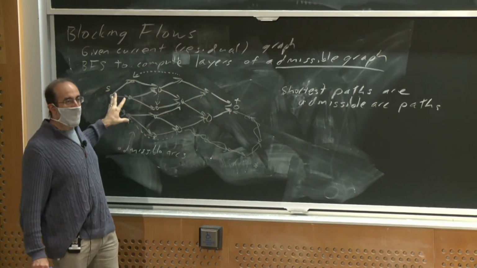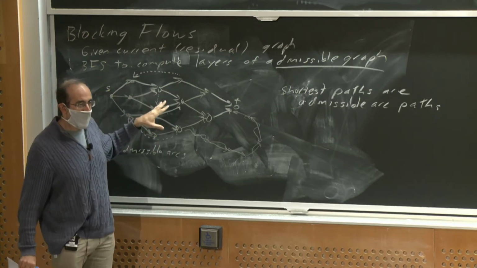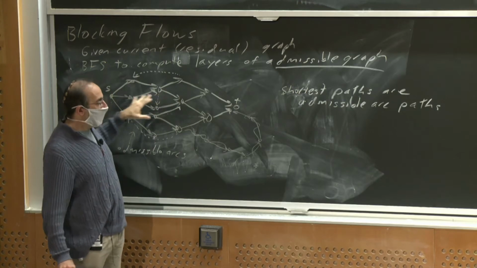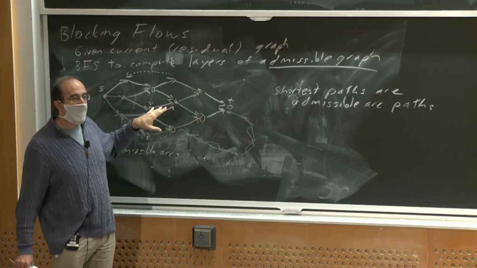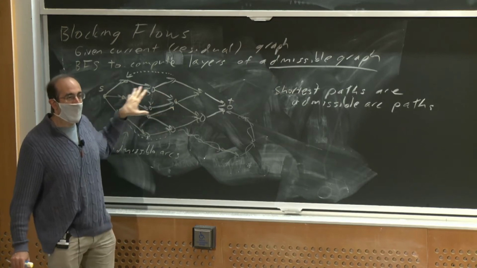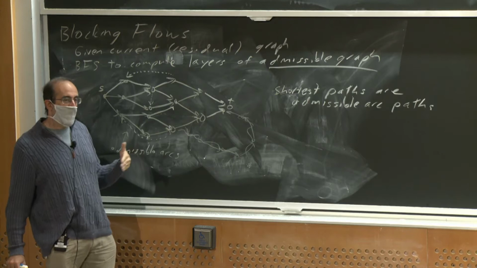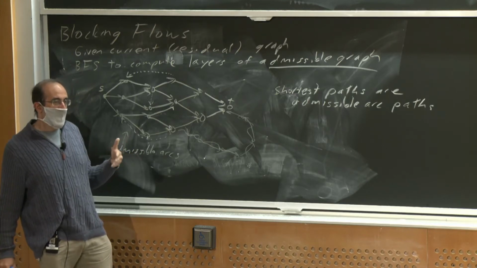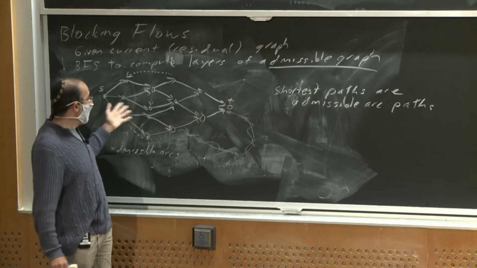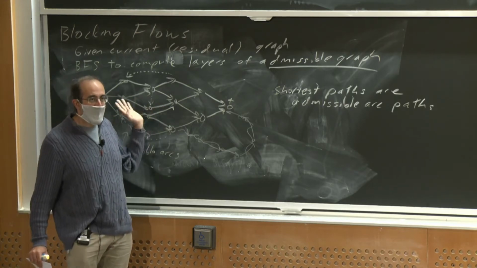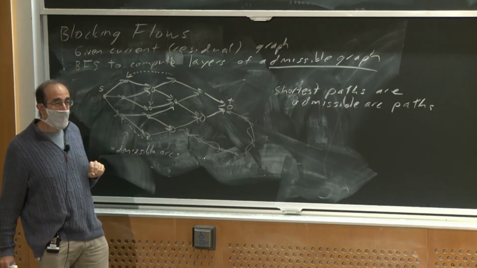And so we could look for another admissible path, and that would also be a shortest path, right? And we would keep on finding more admissible paths in this graph. As long as we can, we keep on finding shortest paths, right? Remember, we already proved that if you augment on a shortest augmenting path, the distance doesn't get smaller between S and T. So all of these paths are going to stay shortest augmenting paths as we find them, right?